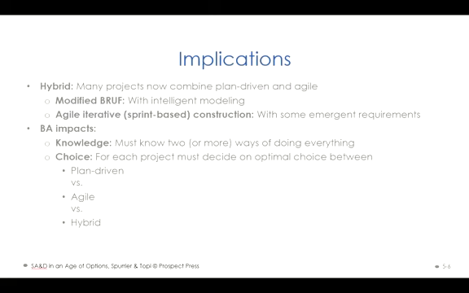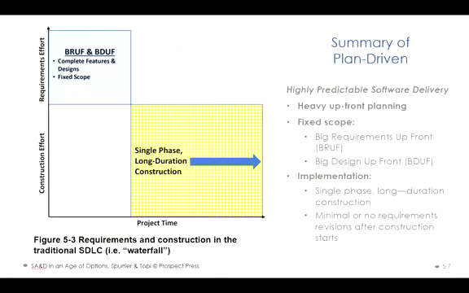So clearly, when we are looking at a system development project, or if you work as a business analyst or a project manager in an IT organization, you are facing three basic types of choices: plan-driven, agile, or hybrid. Plan-driven is suitable for something more stable, more predictable.